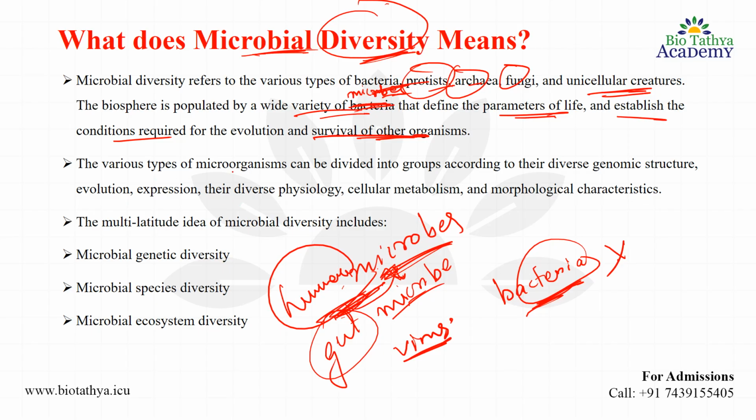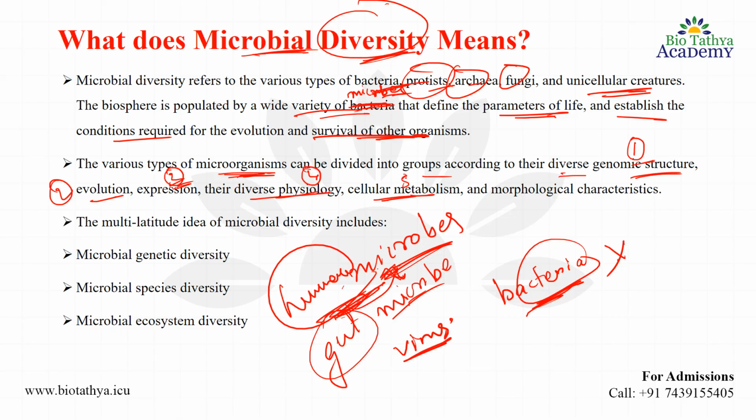Now, various types of microorganisms, again, point to be noted, not only bacteria, but protists, archaea, fungi, or any other unicellular creatures, can be divided into groups according to their diverse genomic structure. Here are a few basic characteristics upon which you can divide microorganisms. First, the genomic structure, what the genome contains, then the evolution, then expression like protein expression, then their diverse physiology, that is the fourth one.